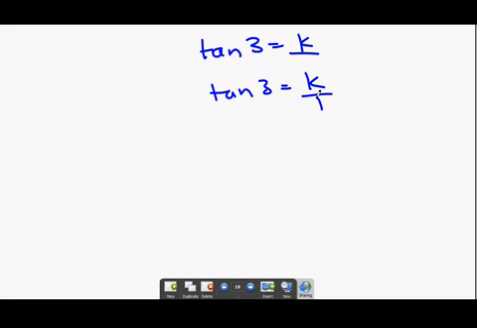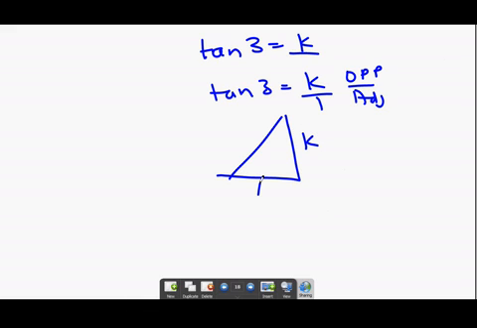Now, remember tan is opposite over adjacent. Remember that tan is equal to opposite over adjacent. And here I just draw any simple triangle. I'm not in a rush. Then the opposite is going to be k, and this is going to be 1.